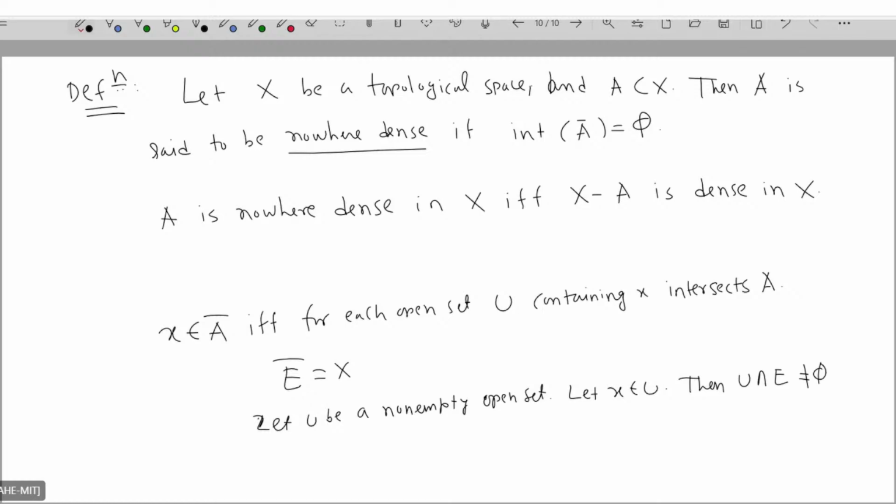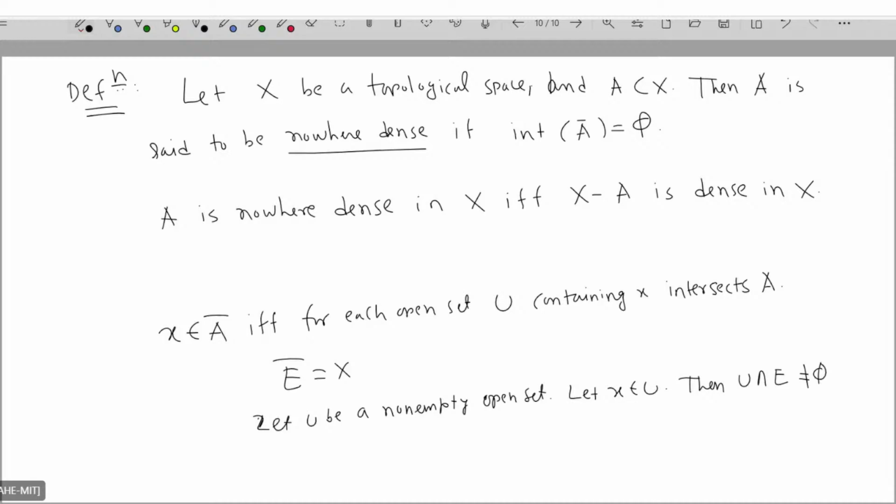Now we are saying A is nowhere dense in X if and only if X minus A is dense in X. Check whether this statement is correct or not. X minus A dense in X means whatever open set you consider, it will intersect X minus A. That means that open set cannot be inside of A. Correct.